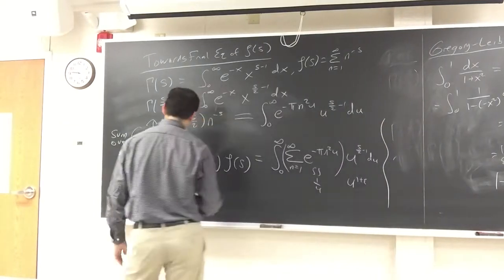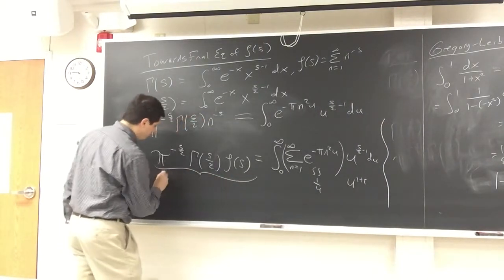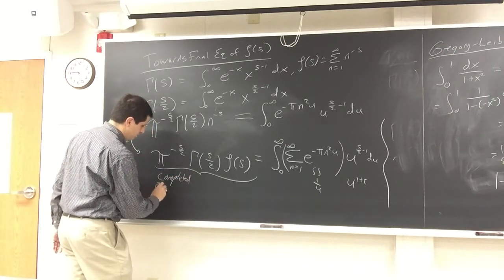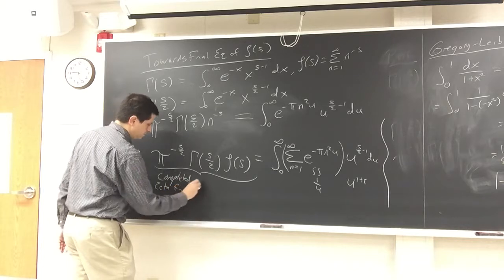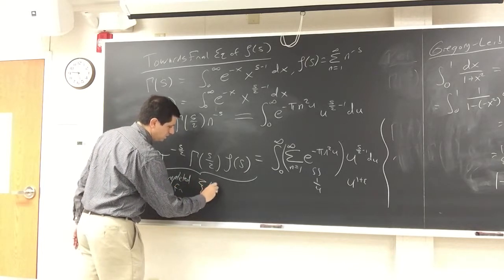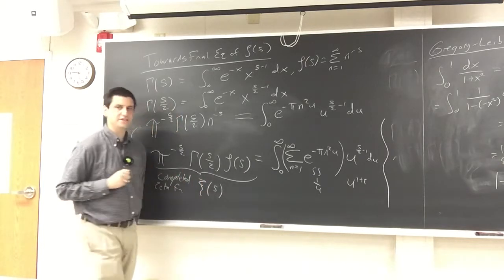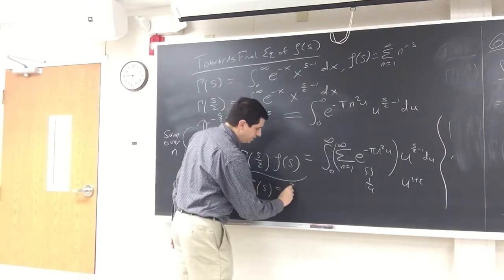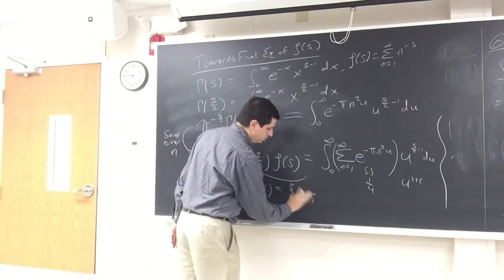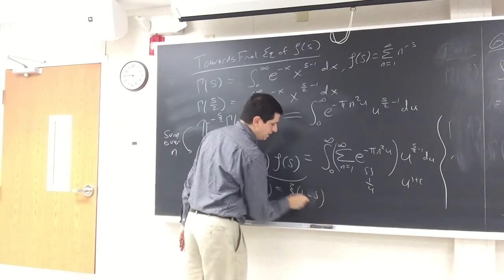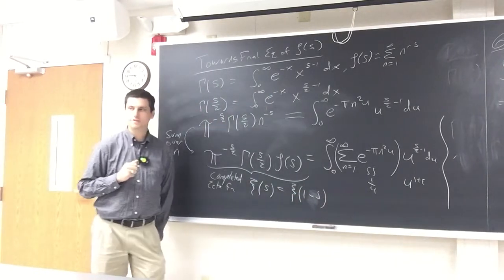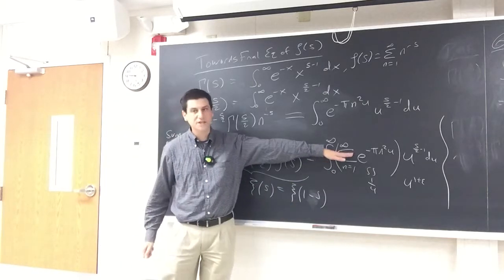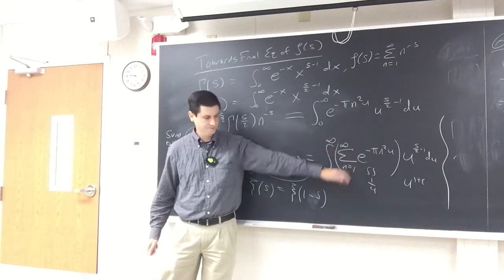Because this occurs so often, we call this the completed zeta function, and we often denote it as c of s. The big theorem is that this is also equal to c of 1 minus s. And this is what's going to furnish the analytic continuation. So it all comes down from looking at this expression over here.